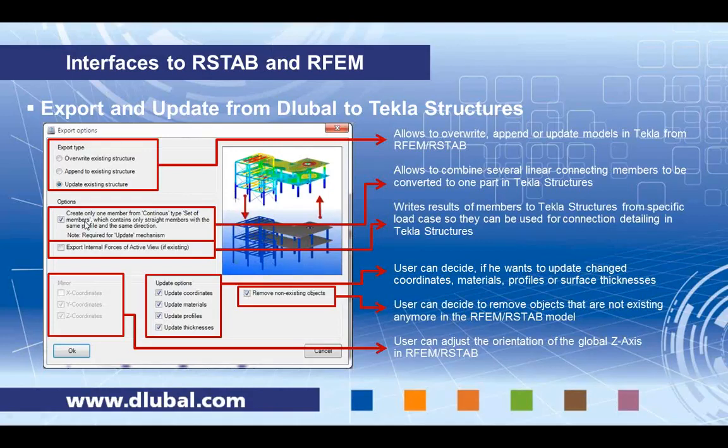Options we have here is to create what we call set of members. For example, imagine you have a long main girder in your structure and it's one part in Tekla structures.